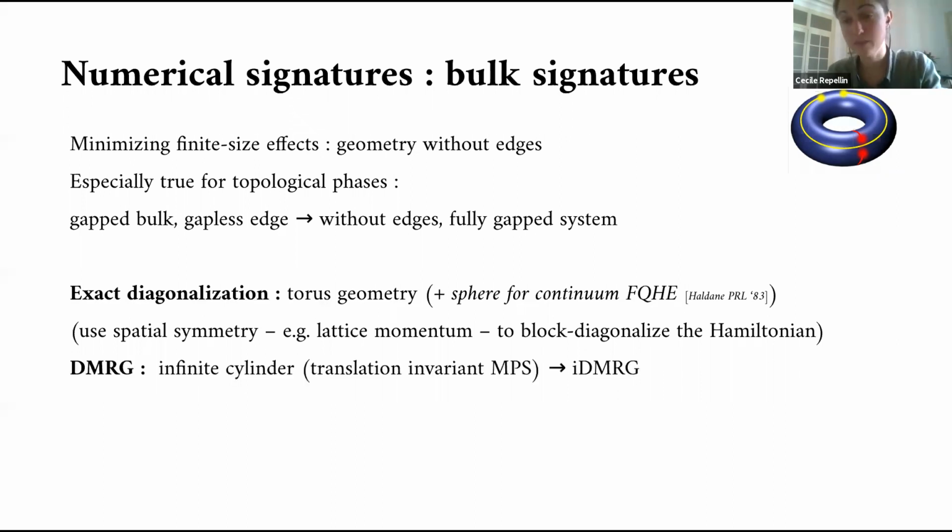And in the context of DMRG, not having edges means an infinite cylinder. You could also do a finite cylinder, but infinite cylinders are especially practical. What does it mean to be infinite in this context? It means that you have a matrix product state which is translationally invariant. So what you do is you define a unit cell, which you are then going to repeat along the cylinder axis.